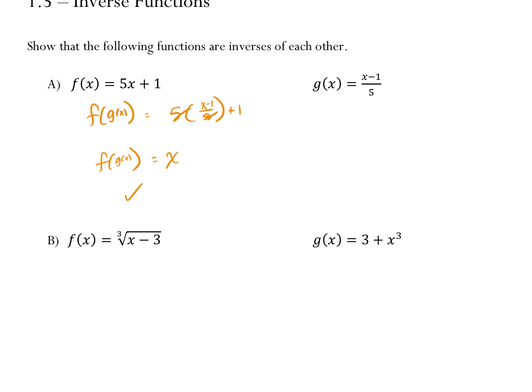Now, let's do this. Poor Charlie's not going to be able to see this at first, but I'm going to do a screen capture. It'll work out just fine. I'm going to go ahead and graph these two inverses.